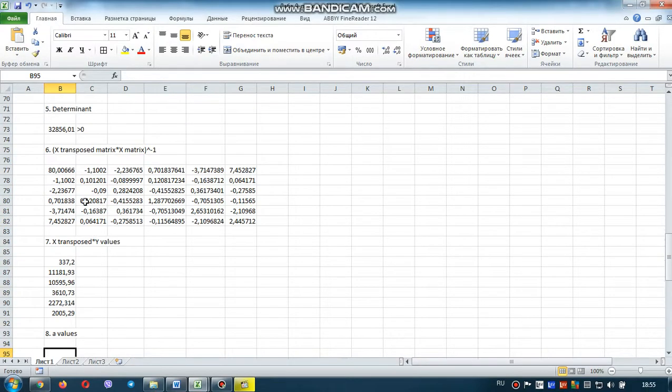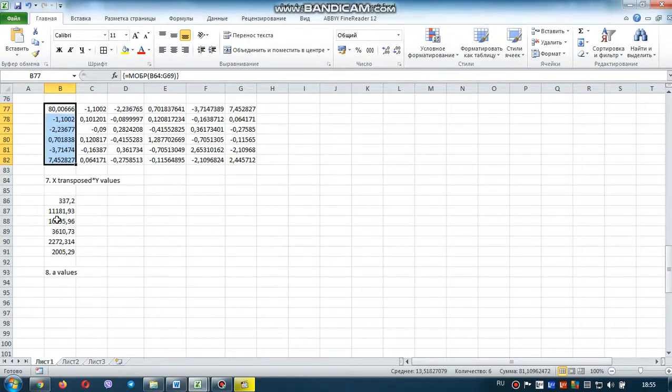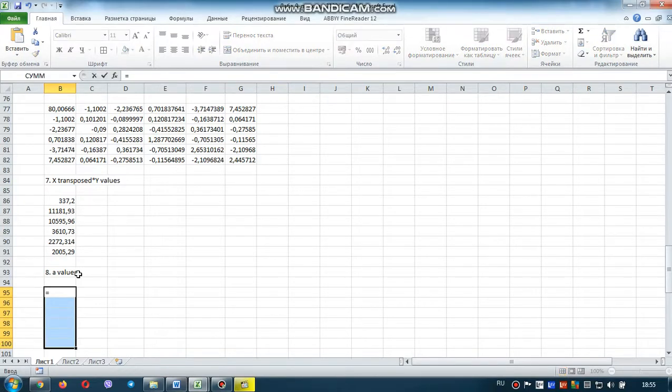But note that there is only one column of this matrix and 6 rows of this matrix. So our final matrix will be of 1 column and 6 rows. So let's begin.